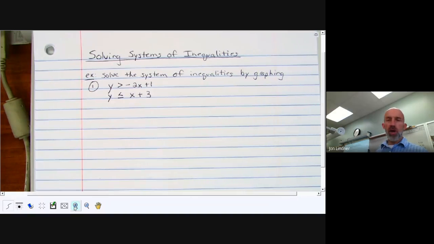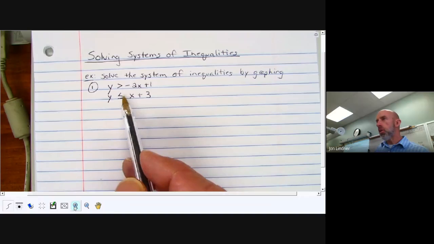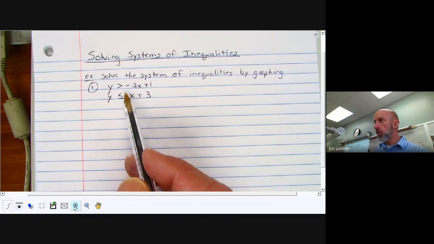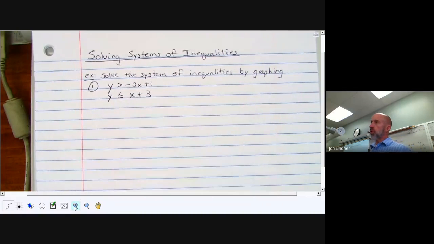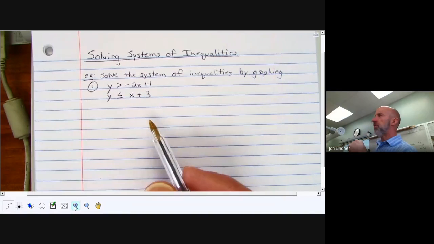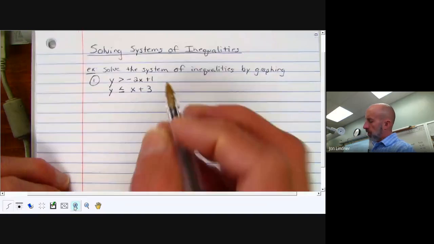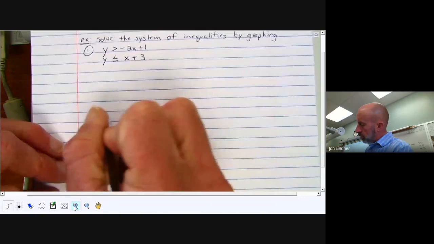So a system of equations is there's two equations. Well, now we have two inequalities. So what we're going to do is graph them both, and then I'm going to show you how you can check your work on Desmos or do problems that have a little bit more algebra associated with them on Desmos. So first, let's graph both of these.